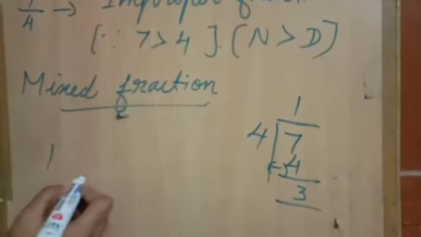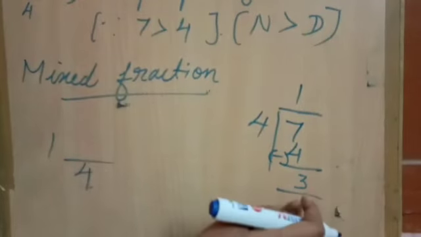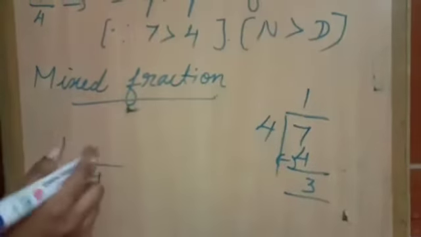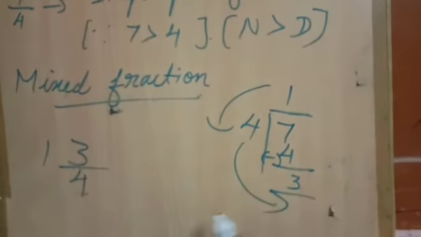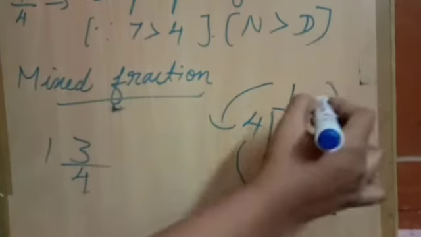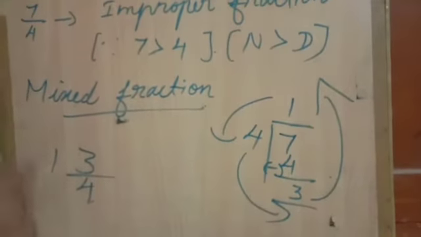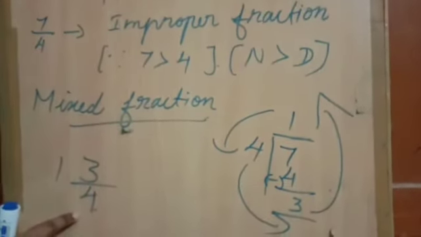This divisor you just write in denominator. And this remainder you should bring in the numerator, that means on top. This one you should bring as a whole, this one in denominator, this one in numerator. Now I have written mixed form for this 7 by 4. This 7 by 4 equals 1 3 by 4.